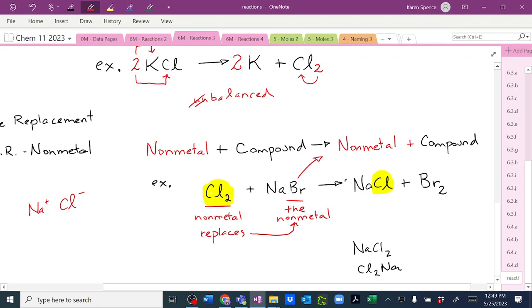We're going to put a 2 here, and that 2 then applies both to the Na and to the Cl. So now I have 2 Cls on both sides. By the way, what do we call that number that goes in front? Do you remember that? That number is called a coefficient.